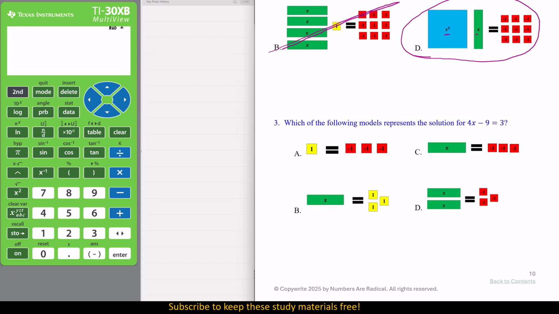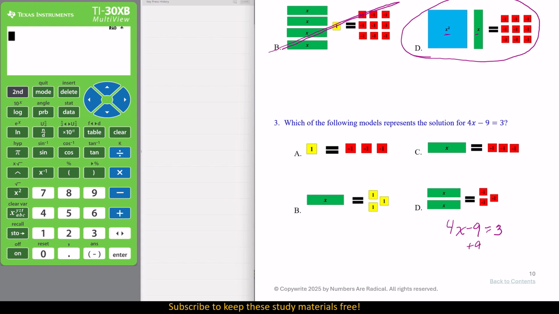That's completely different. We had to know how to apply some algebra here. Okay, they want the solution. So I'm going to follow through with 4x minus 9 equals 3. Of course, what do you need to do? You need to add 9 to both sides.